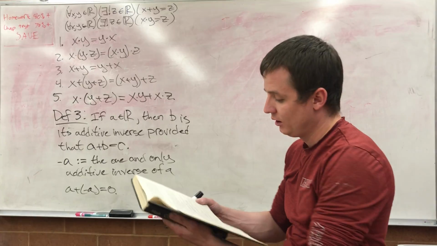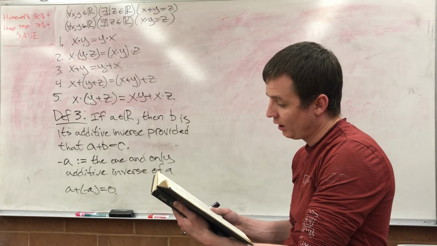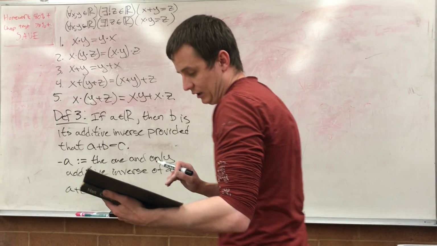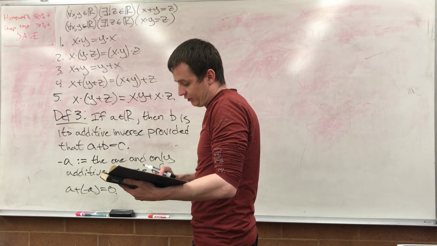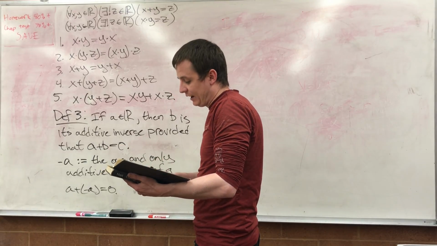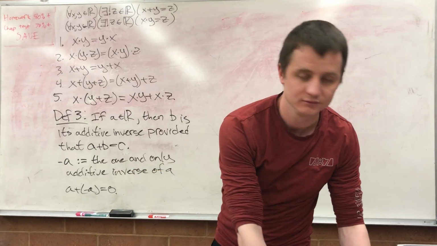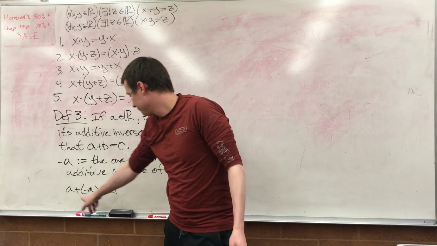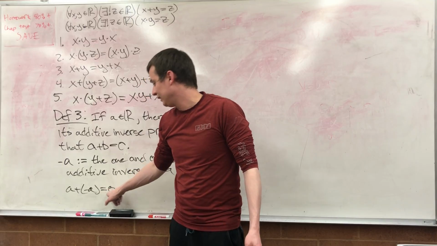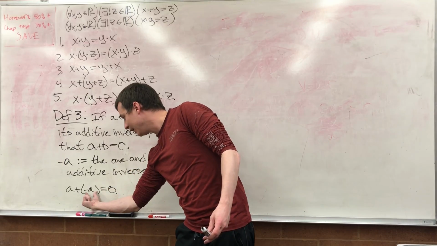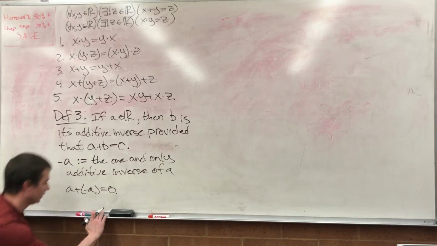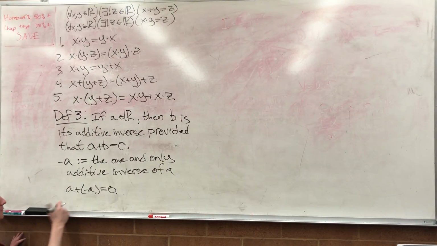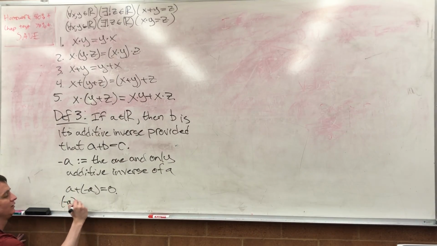Since negative A is the additive inverse of A, then A is the additive inverse of negative A. Since A plus negative A gives you 0, that means negative A is an additive inverse of A, right? Next, notice that negative A plus A is also equal to 0.